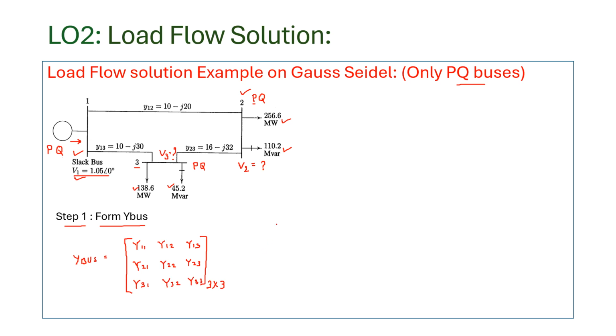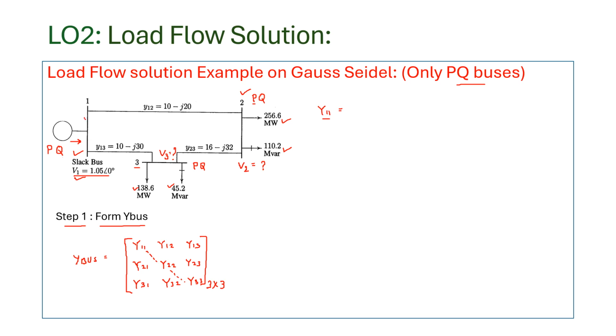Now let us find these elements. I will first find the diagonal elements, that is Y11, Y22 and Y33. Y11 is the total admittance connected to bus 1.